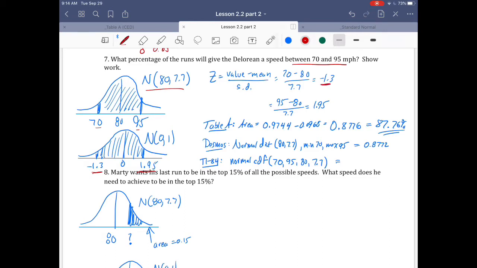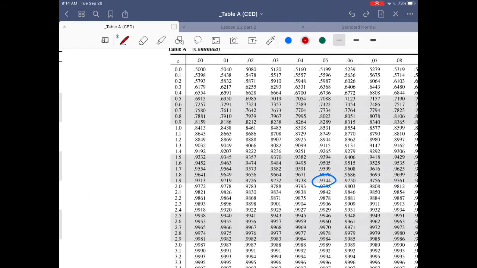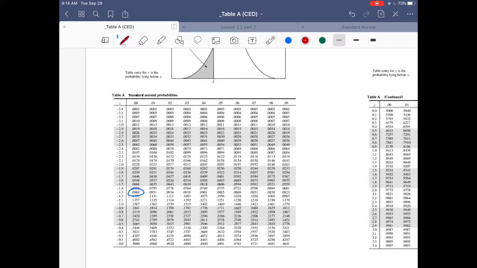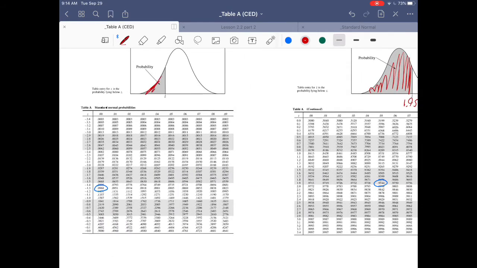So once you find your z-scores, what you want to do is this: 97.9744, remember, is the area to the left of 1.95, and this 0.0968 is the area to the left of negative 1.3.